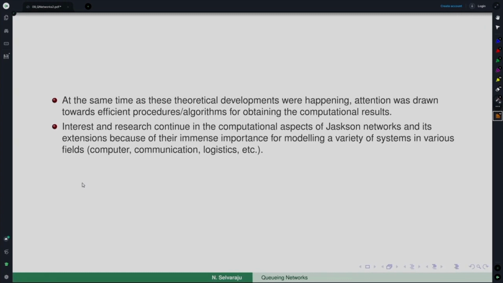At the same time as these theoretical developments were happening, when the product form solution exists, you always look for it because that makes your life easier. If you have to keep it in full generality, like what happens in the case of a queuing network with blocking, then the complexity is exponentially very high, right.